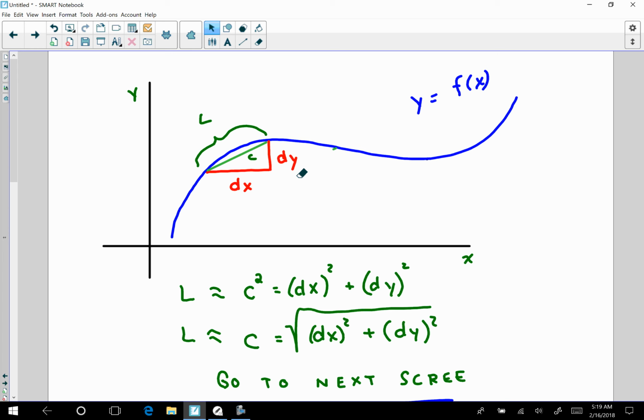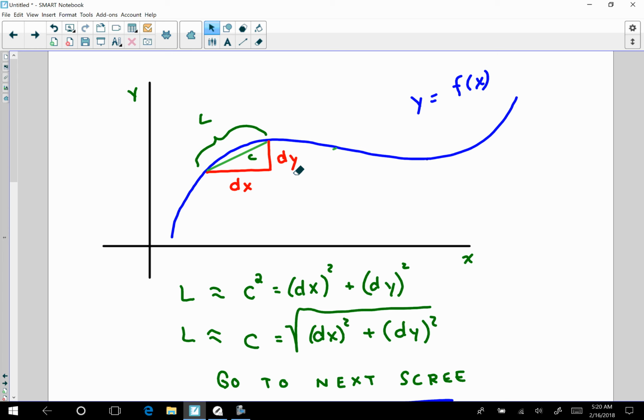We're going to make this c even smaller, and take the dx infinitely small and the dy infinitely small in a slide or so. The length of this blue curve is what we want to approximate with this segment c, and we can see it's a fairly good approximation. If I zoomed out, maybe a better approximation.